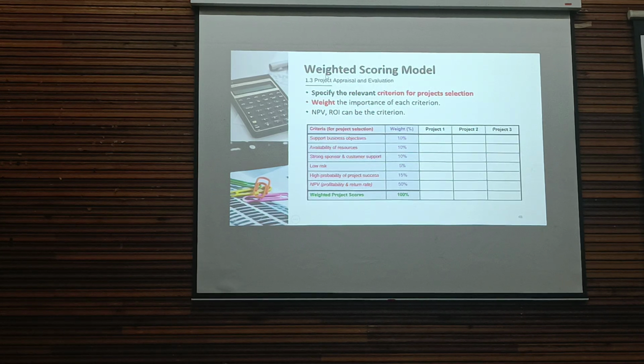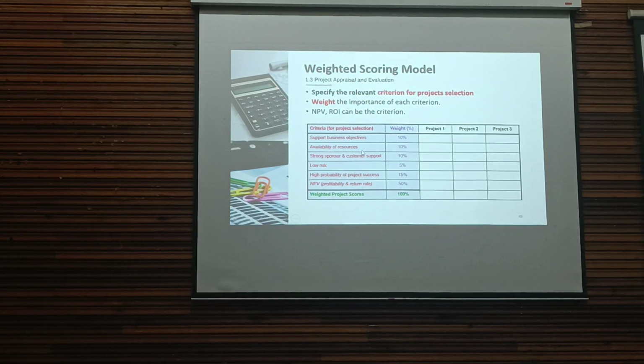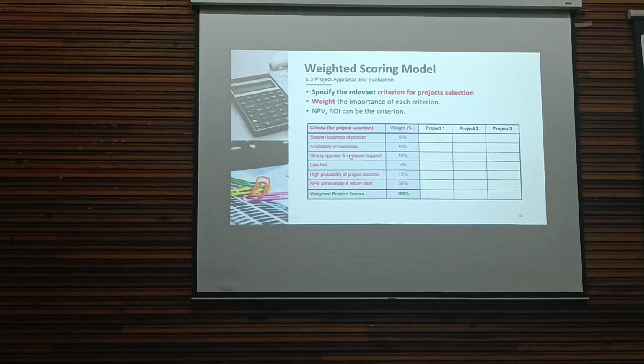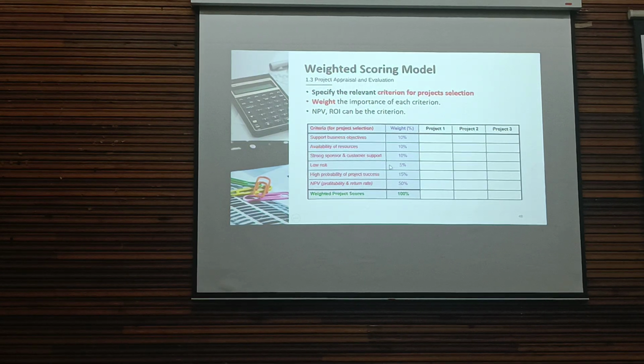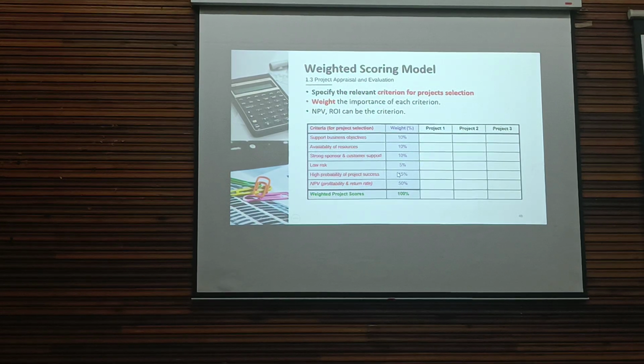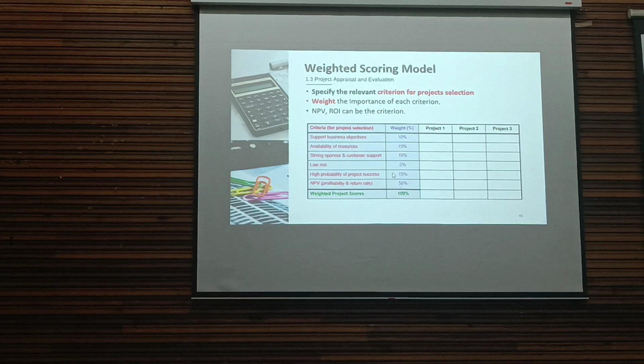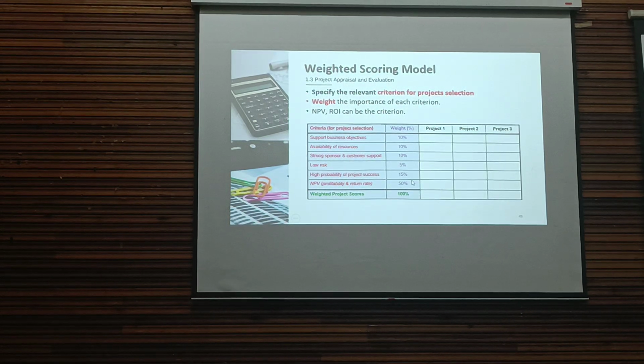Within the scoring model, you specify the criteria for project selection, all the criteria that you can specify. Then you weight the importance of each criterion. If the criterion is important, you give a higher percentage.